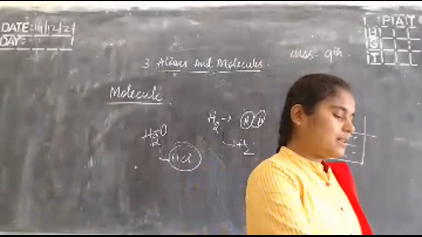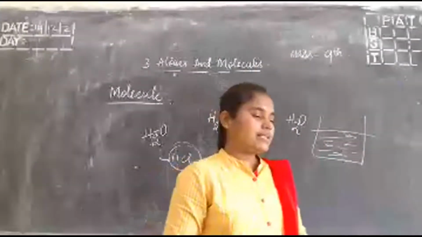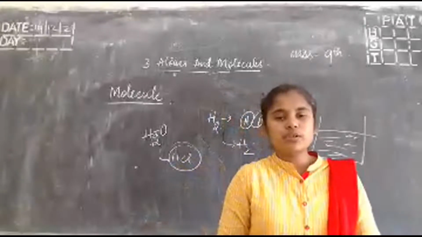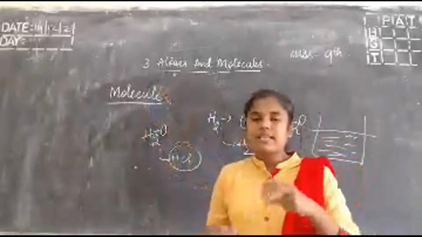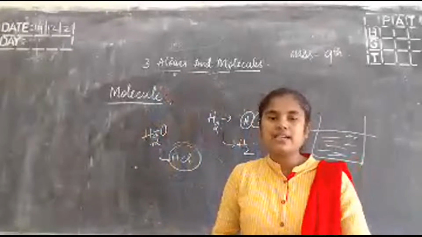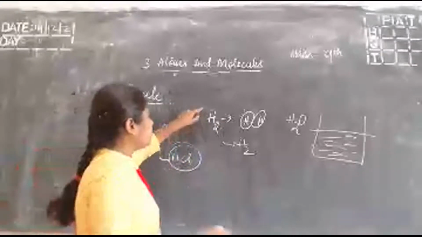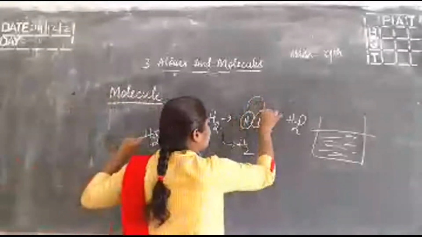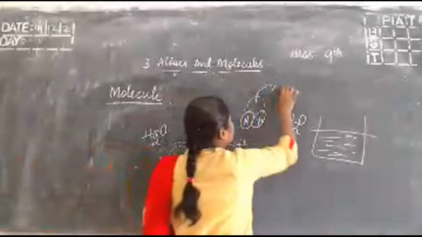Then you could see that molecules of an element are constituted by the same type of atom. A molecule can be considered if it has the same type of atoms in an element. Like if you take hydrogen, there are two same atoms combined together to form the molecule.